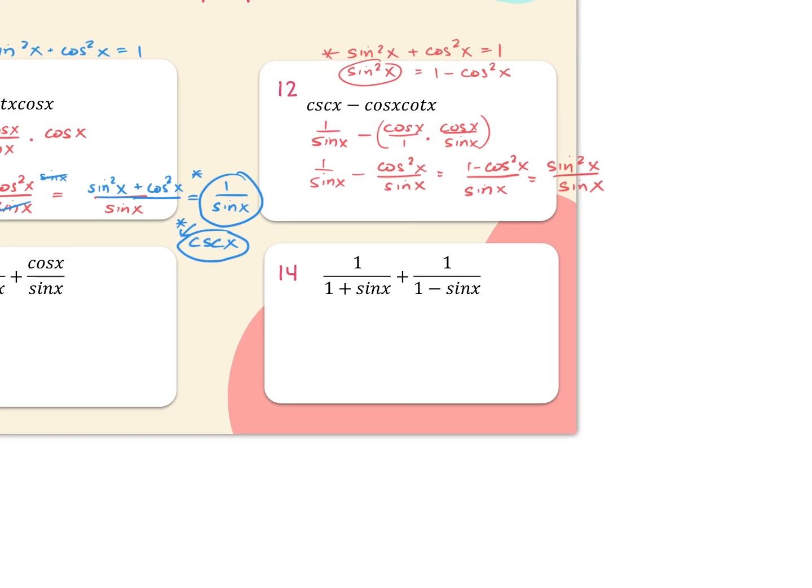And again, sine squared x, that can simplify. Remember, this is like sine of x times sine of x, and the denominator is the sine of x, so I can cancel one, leaving me with just the sine of x. And so that was a lot of work to simplify, but we did it, right?